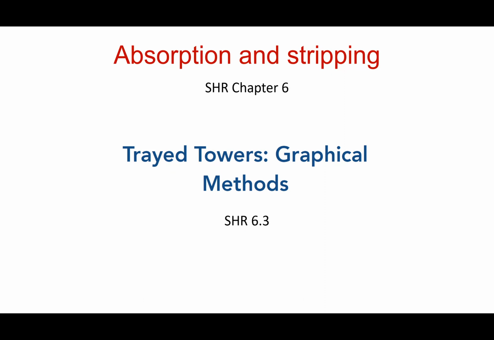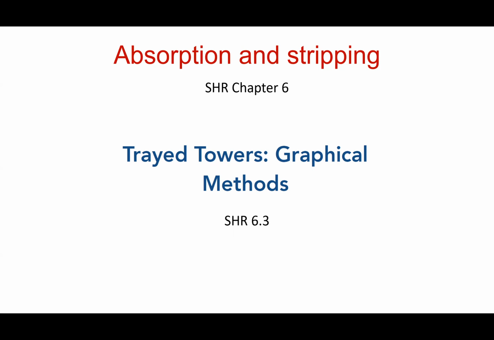So last Friday we gave a very brief introduction about absorption and stripping. We talked about the purpose of absorption and stripping, and secondly its applications, and what type of equipment, what type of towers we use to do this separation process.